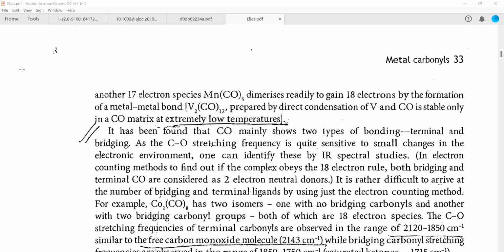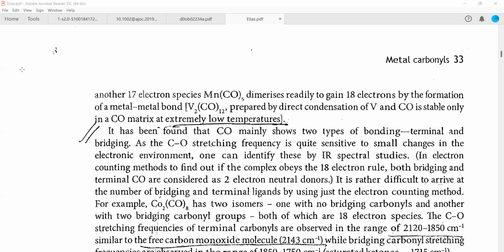Now, in the electron counting method, to find out if the complex obeys the 18 electron rule, both bridging and terminal are considered as 2 electron neutral donors. I told you, right? And we have also counted a lot of electrons with a lot of metals, so I think it is clear for now.